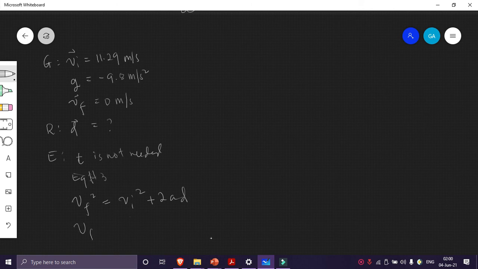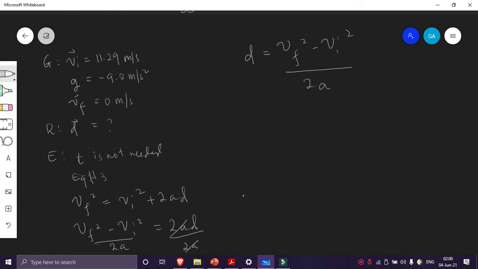That will become Vf squared minus Vi squared equals 2AD. Then divide both sides by 2A para makancel at matira na lang si D. So this will be D is equal to Vf squared minus Vi squared over 2A. Then, solve na natin siya, simplify na.